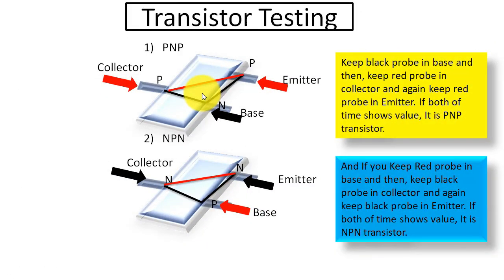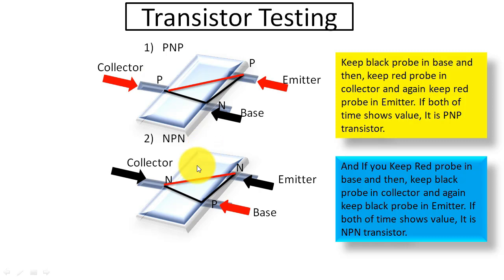Now I will show how to test a transistor. First, take a multimeter and keep the multimeter's black probe on the base and the red probe on the emitter, and if it shows a value, then secondly change the red probe from emitter to collector. If the collector also shows a value, then it is a PNP transistor.